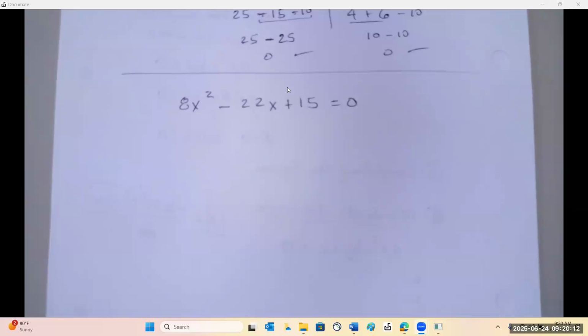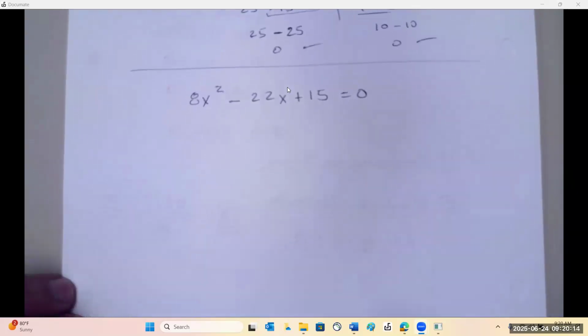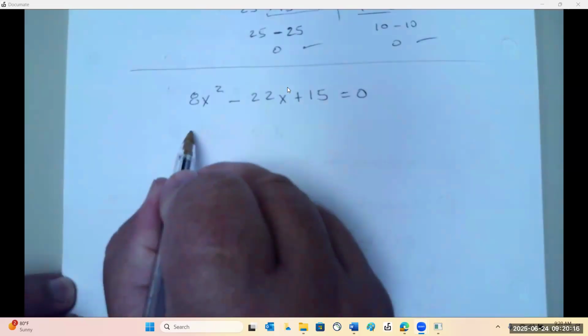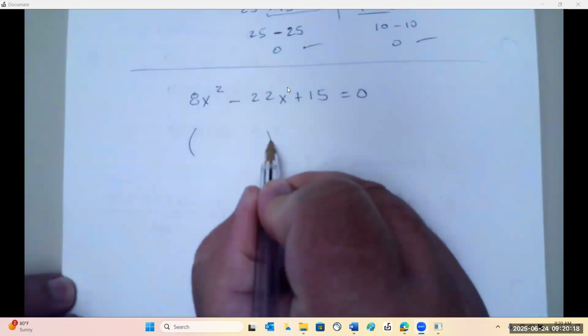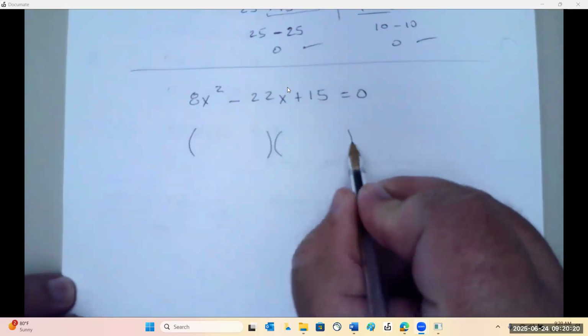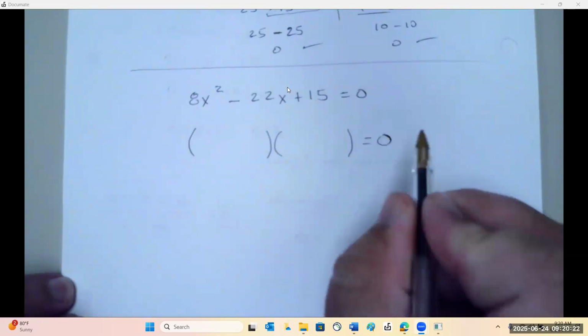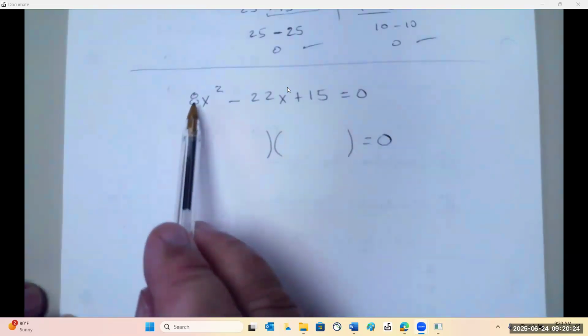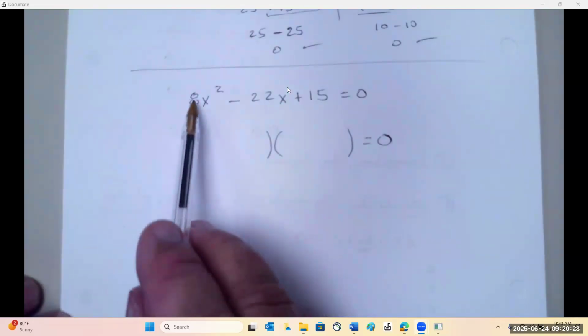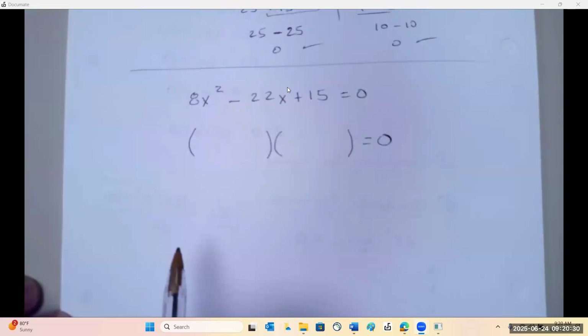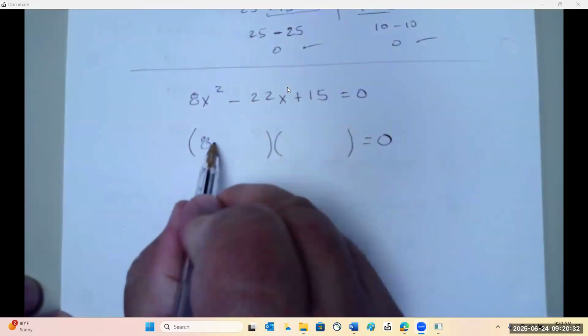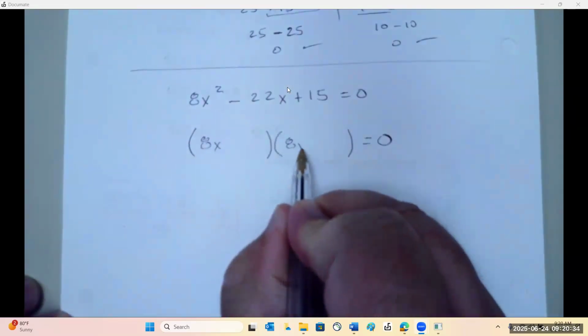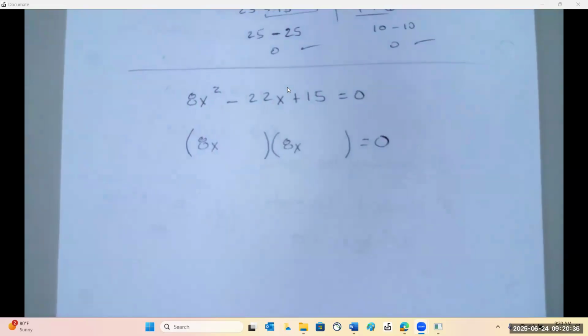Okay, we're still using the factoring method. But the problem here, the leading coefficient is no longer 1. If it's no longer 1, what do we do? We put that in both of these first spaces with the x's. We'll get rid of them later on, but let's not worry about it.